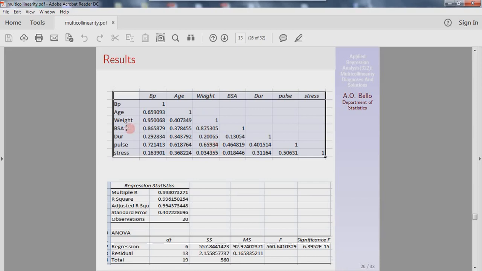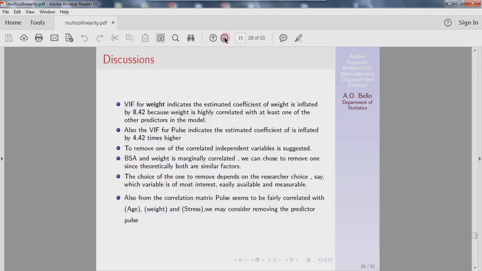So let's assume we are dropping body surface area. So we're now having weight being correlated with pulse. So let's go down. So weight is highly correlated with at least one of the other predictors in the model.